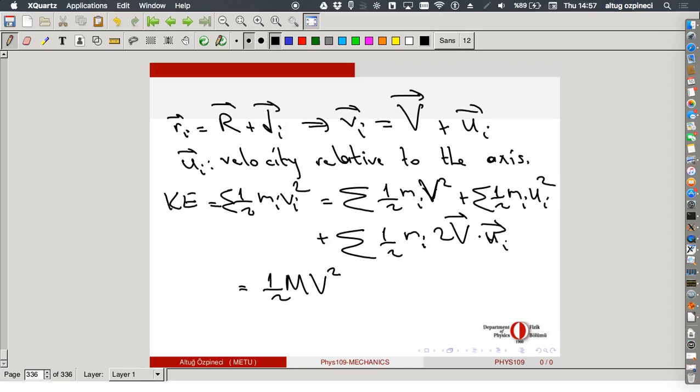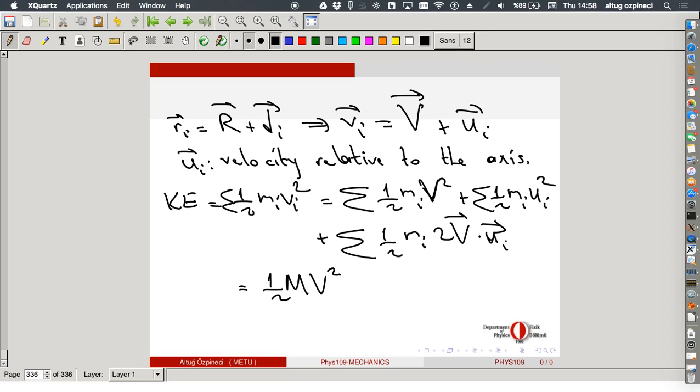Plus, if it is rotating around that axis, I would expect the kinetic energy of rotation. It will be this one. Here this ui is the velocity relative to the rotation axis. So we can just imagine that we go to a reference frame in which the rotation axis is fixed. That would be a non-inertial reference frame most of the time, by the way. But in that reference frame, this ui will be the velocity of that point, which is nothing but the angular velocity times the distance from the axis.